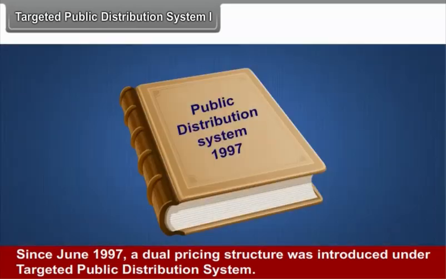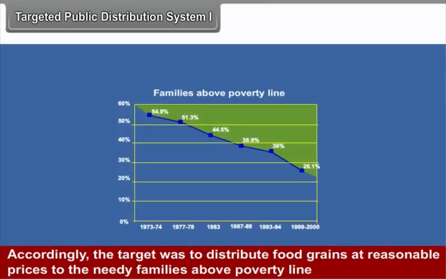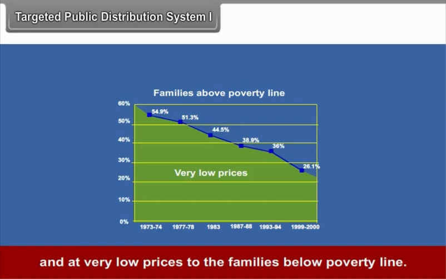Targeted Public Distribution System. Since June 1997, a dual pricing structure was introduced under Targeted Public Distribution System. Accordingly, the target was to distribute food grains at reasonable prices to the needy families above poverty line, at a very low price to the families below poverty line.